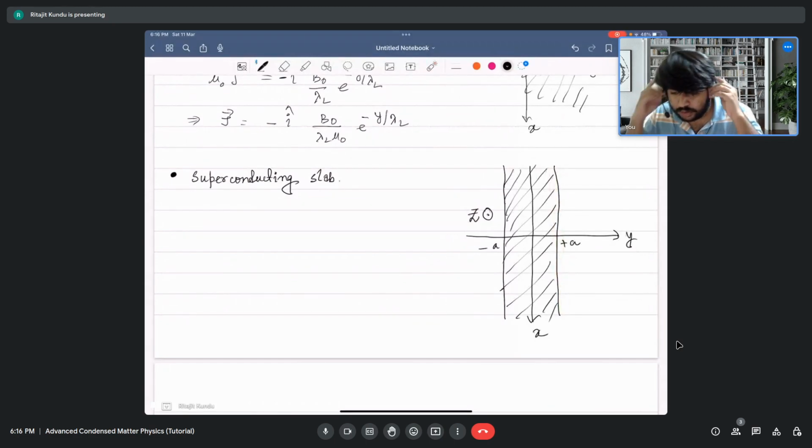Here also we'll do the exact same thing. We'll start from London's equation, solve it, and see how the current looks on the surface.